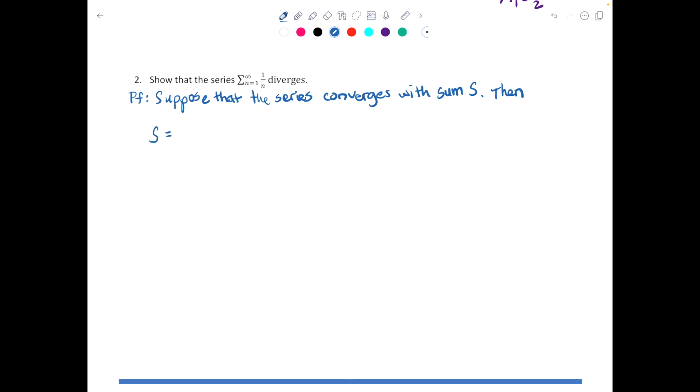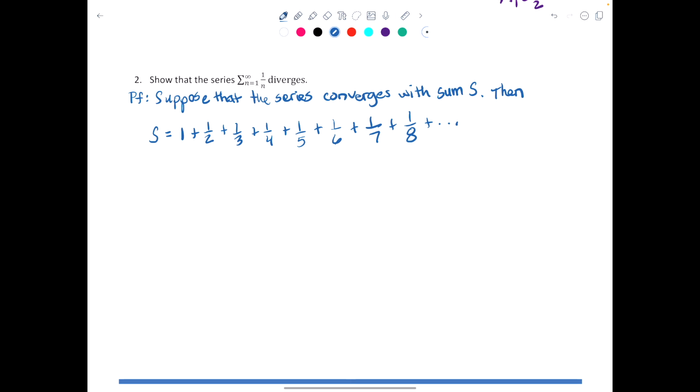The first one would be 1 over 1, which is 1, plus a half, plus a third, plus 1/4, plus 1/5, plus 1/6. Don't worry, I won't go forever.